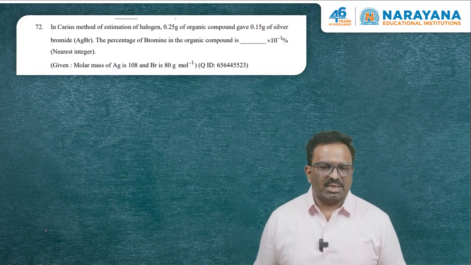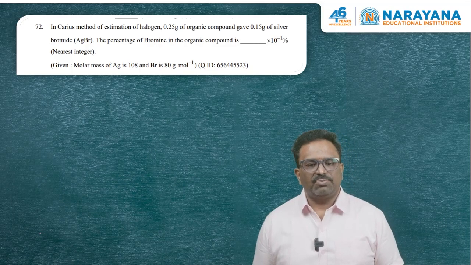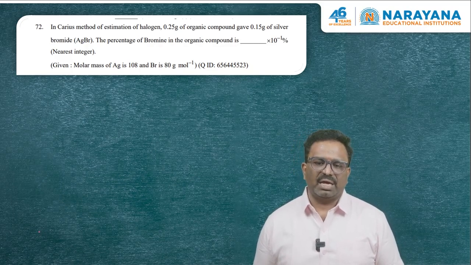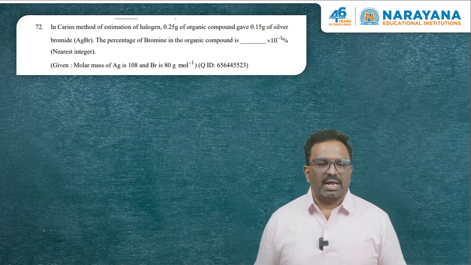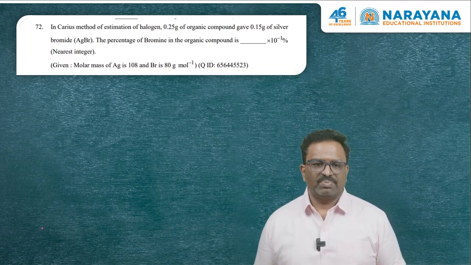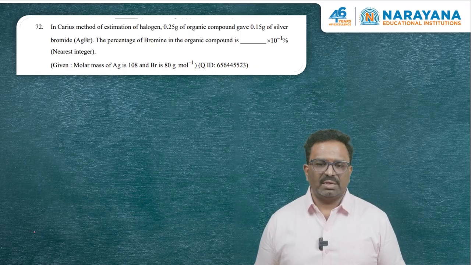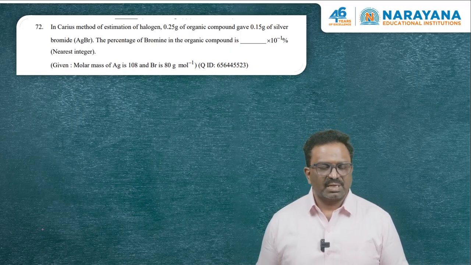In Carius method of estimation of halogen, 0.25 grams of organic compound gave 0.15 grams of silver bromide. The percentage of bromine in the compound is.